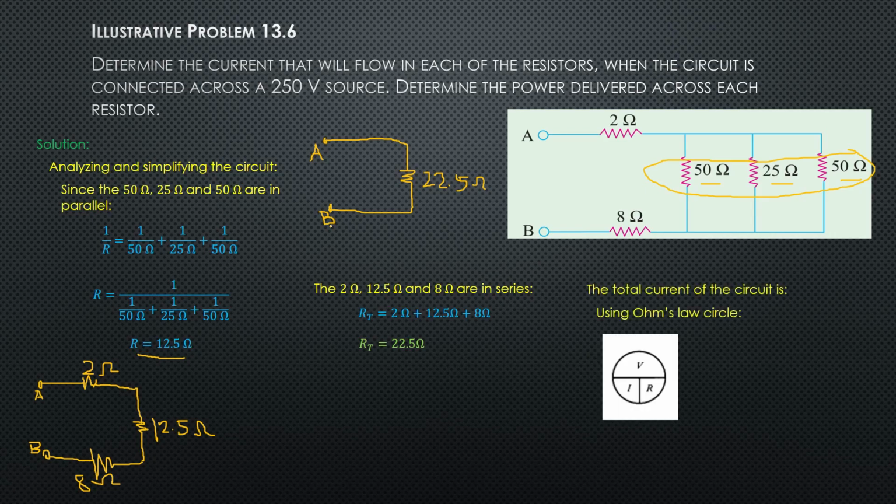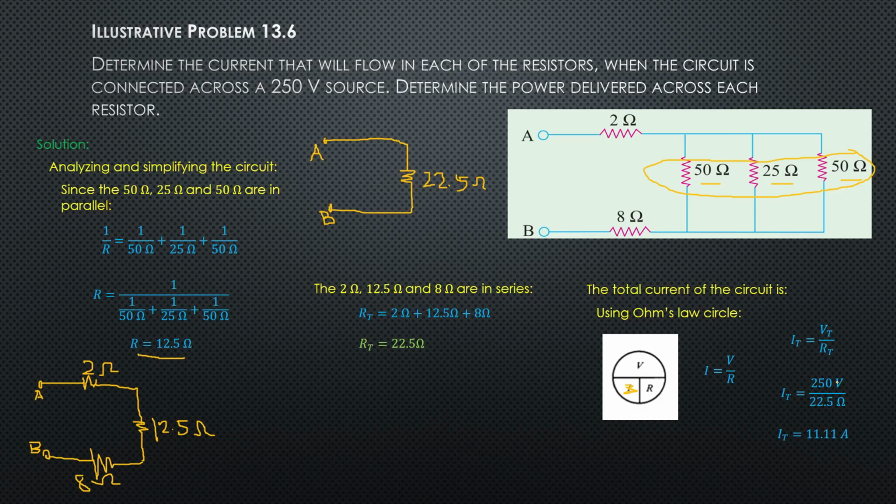Now, solving for the total current of the circuit using the Ohm's law circle. The unknown is I, the current, so voltage over R. The total current is total voltage over total resistance.